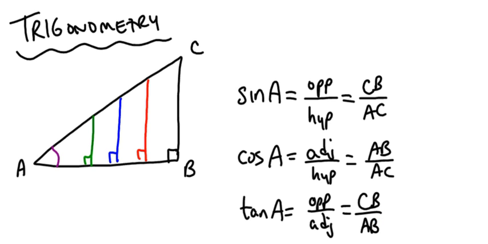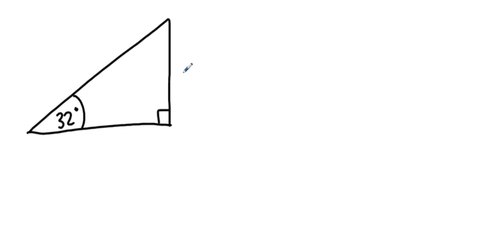Which means that if I have a right triangle, and this is a 32-degree angle, and this length here is 10, and I want to find that, then I think to myself, from the 32-degree angle, this is the opposite side.